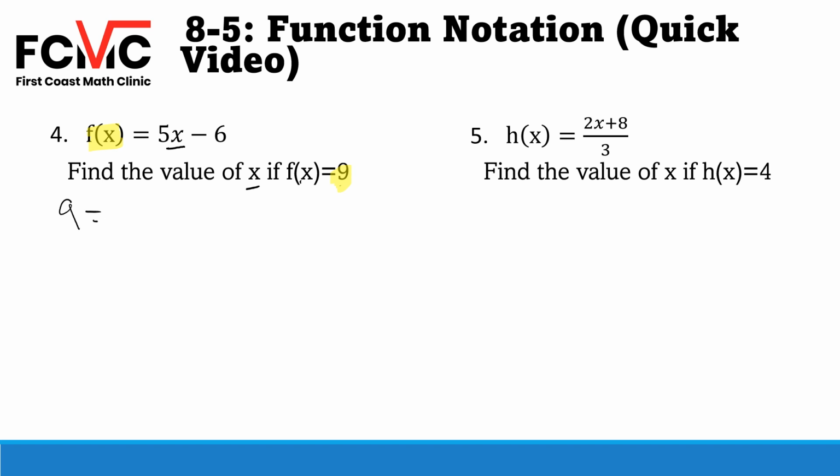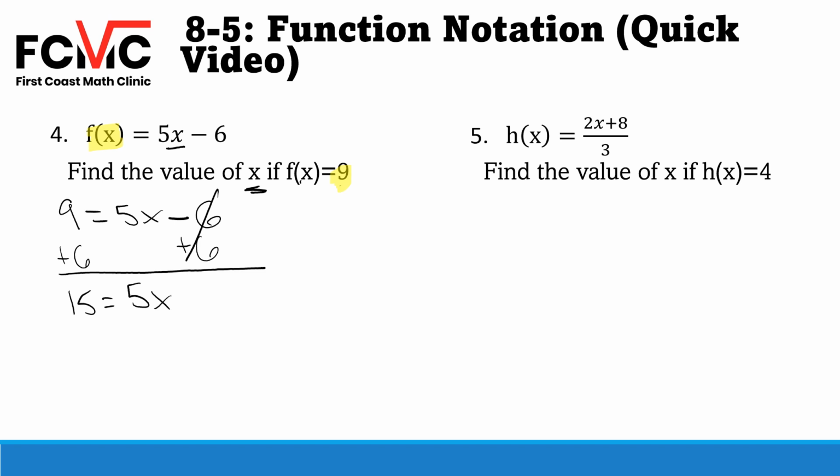So we're going to have 9 equals 5x minus 6, and then solve for x. So that's our unknown. So we're going to add 6, 6's cancel out, we get 15 equals 5x, then divide by 5, and 5's cancel out, and we get x equals 3.